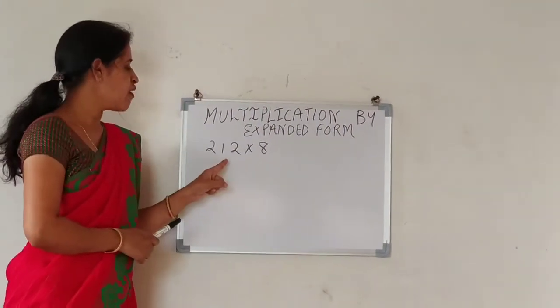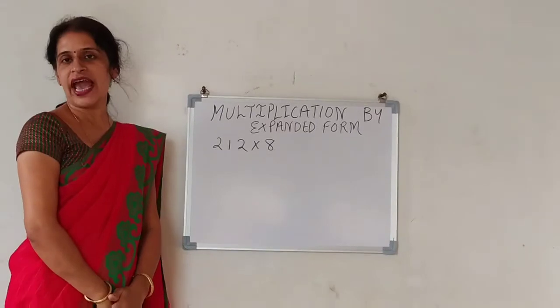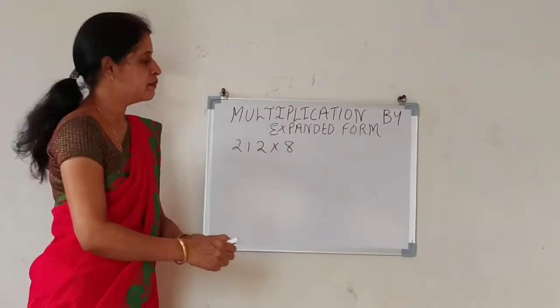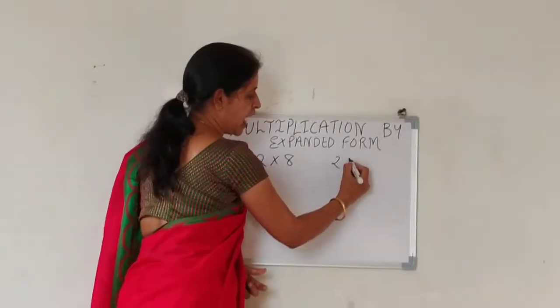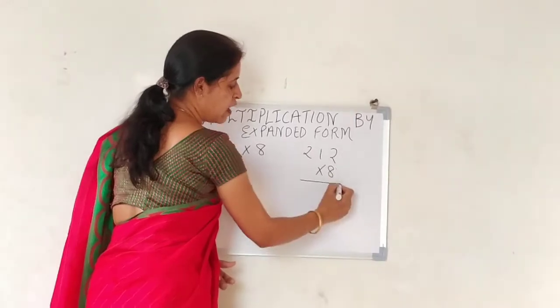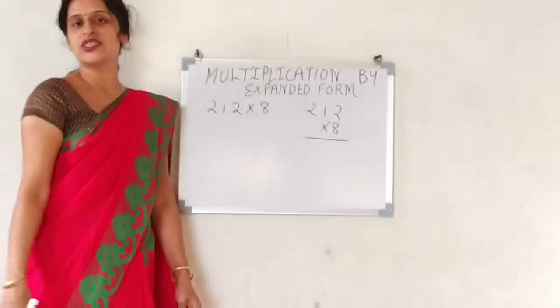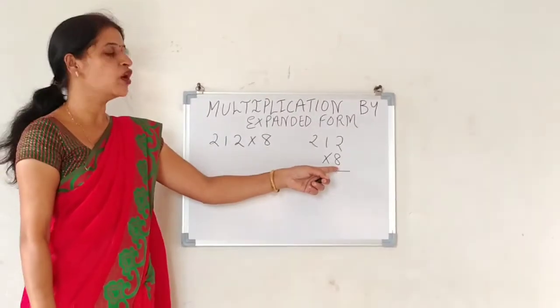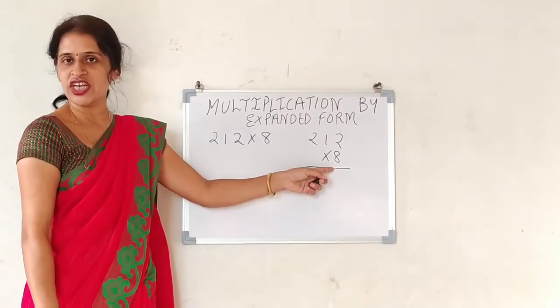See, I have written a number, 212 into 8. We have to multiply 212, that is a 3-digit number, with a single 1 digit. Okay, shall we start?